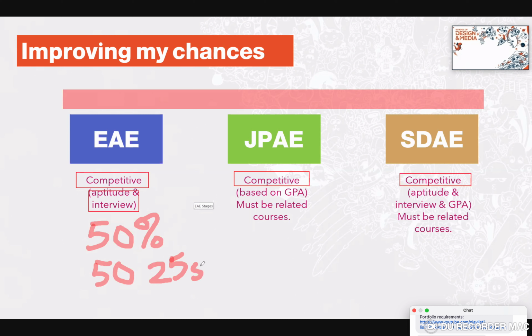So we only open 25 places under EAE, and we have to share this number with the A-level students as well as IT students. So you do your maths. As a school, we take in quite a number of students.